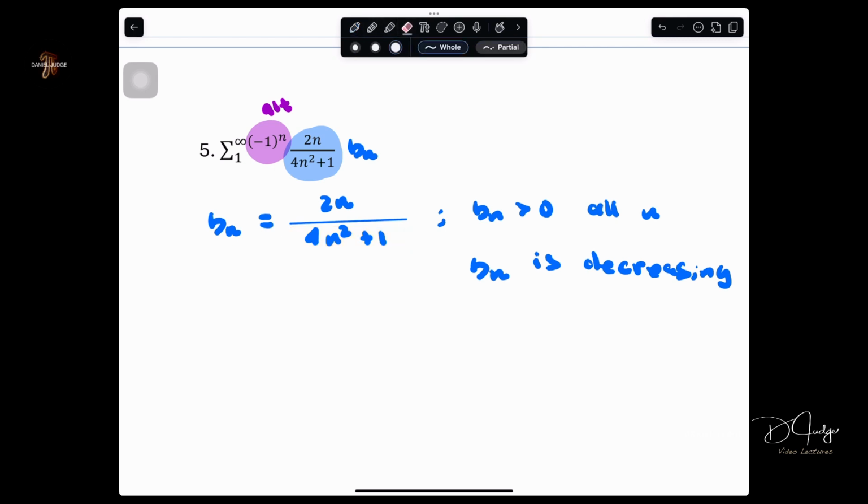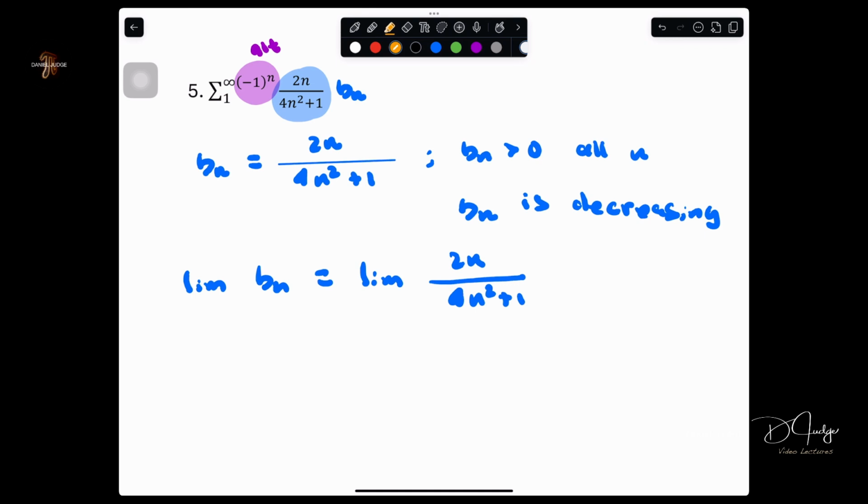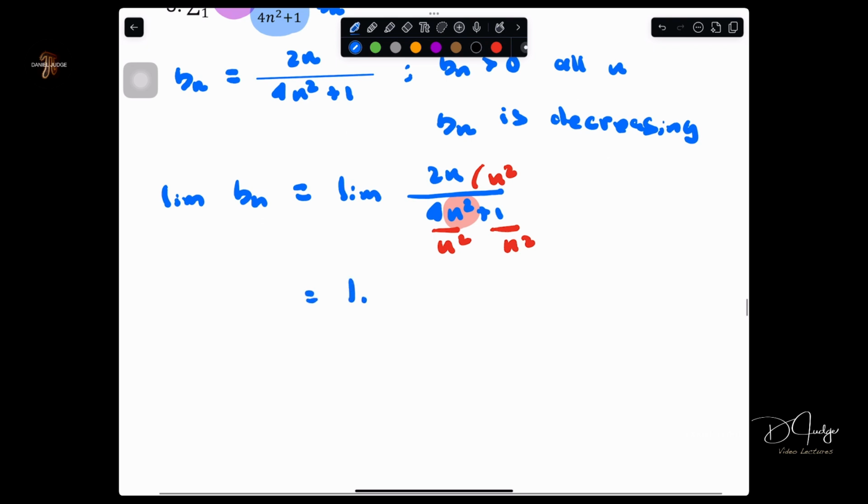Now, as we look at the limit of b_n, which is the limit of 2n over 4n squared plus 1, we divide every term by n squared, using, again, the Calculus 1 approach, which gives us 2 over n over 4 plus 1 over n squared.